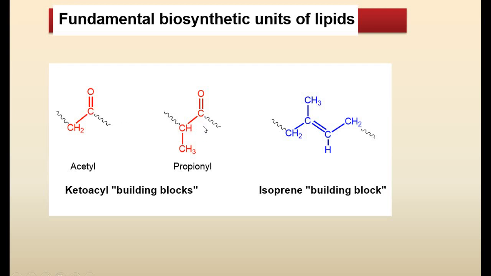So these are the monomer units in the ketoacyl lipids. Now this is the structure of isoprene, and isoprene is also a building block unit in the isoprene lipids. So these are the monomer units in the ketoacyl and isoprene forms of the lipids.